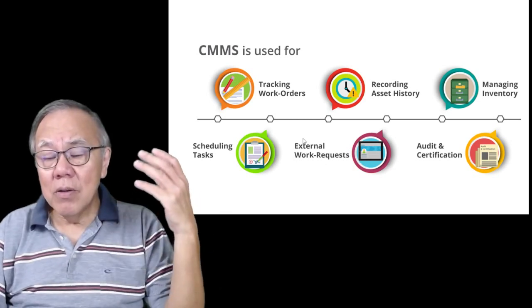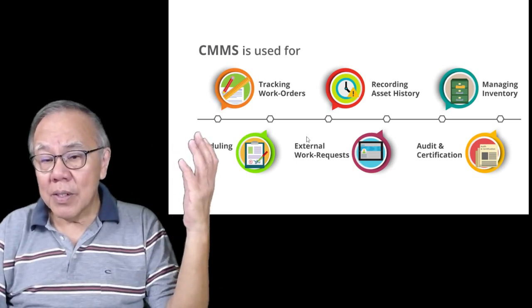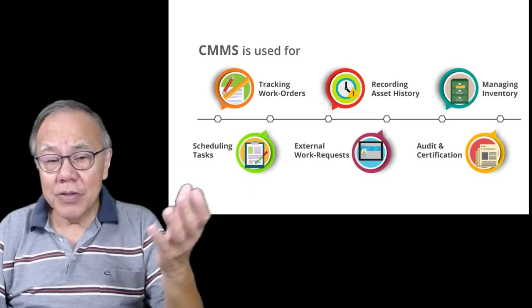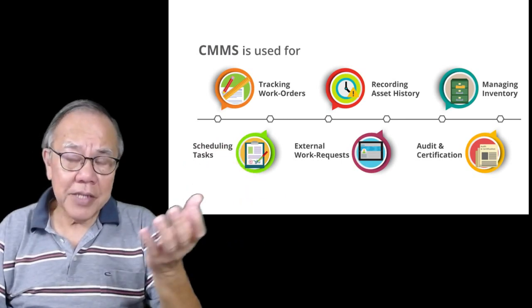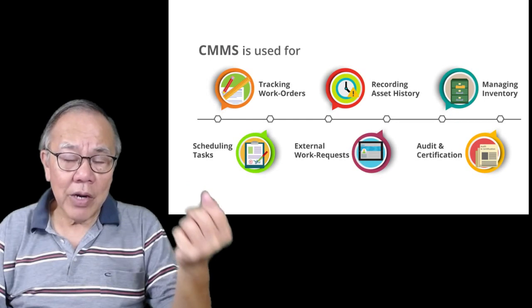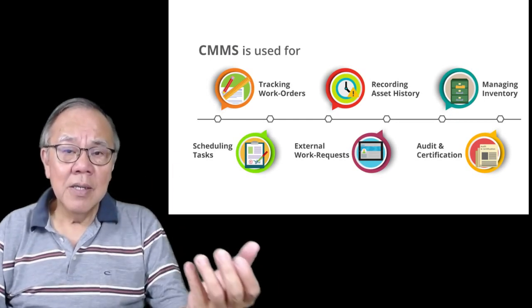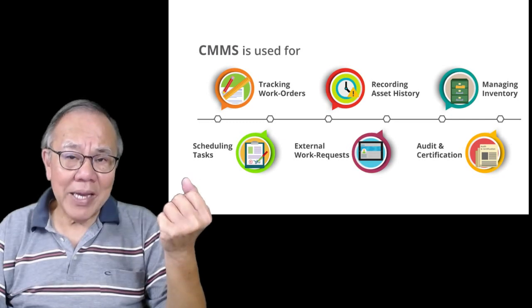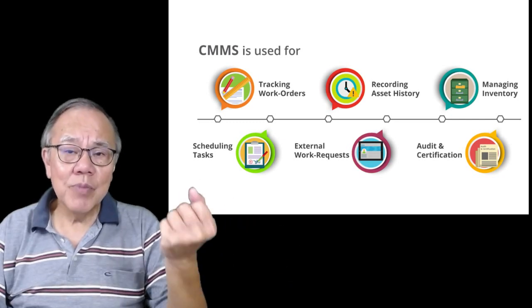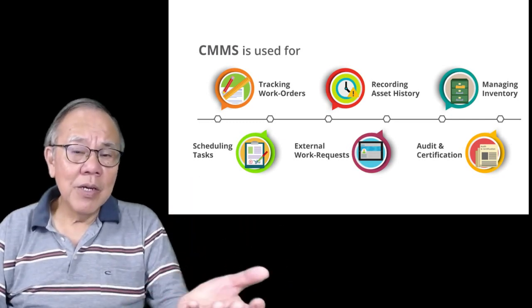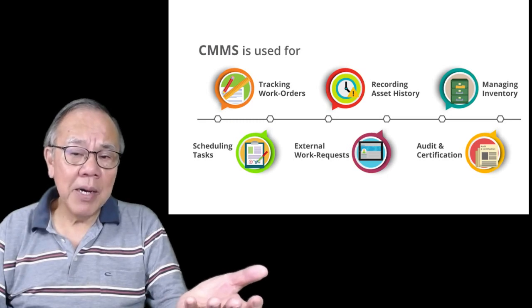So therefore, that is CMMS. CMMS incorporates all these things: asset management, a record of your assets, a record of your work orders, and it helps you to do planning and scheduling. It helps you to manage your spare parts, whether you have a spare part or do not have one.